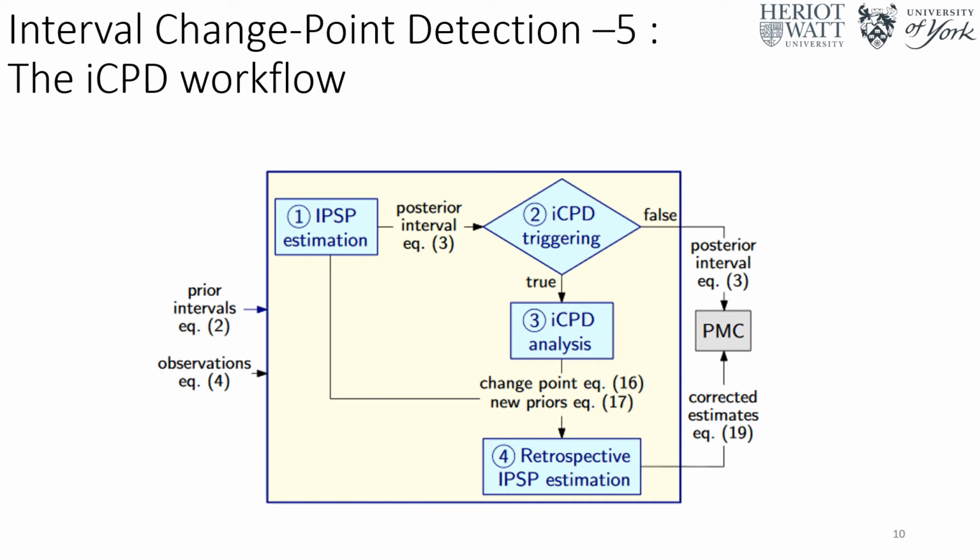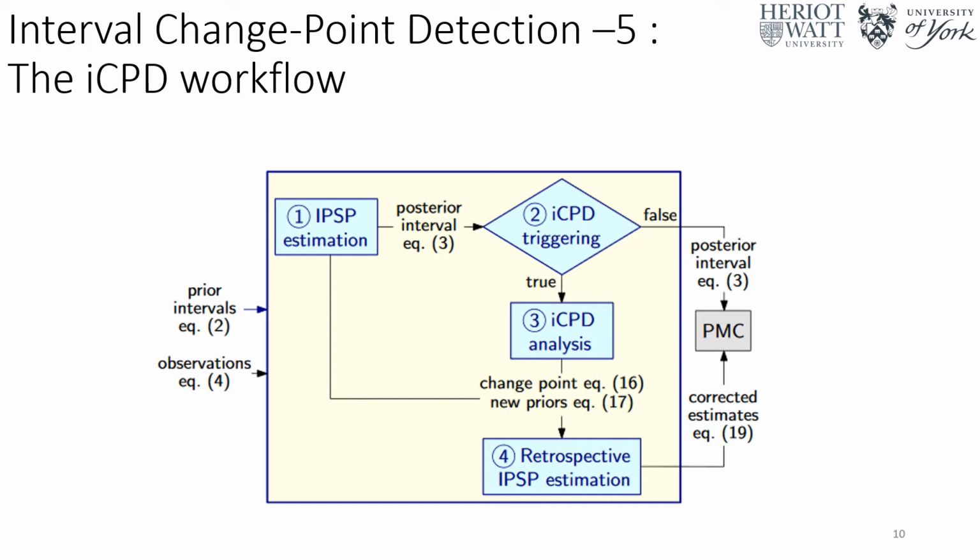If no, we feed that interval estimation into an interval probabilistic model checker to verify system-level properties. And if yes, then the change point detection analysis procedure is triggered at step 3.